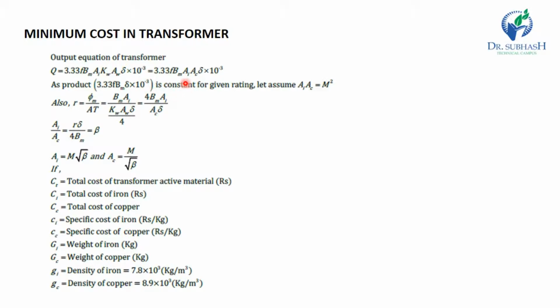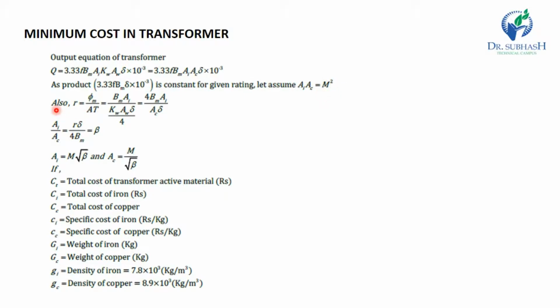From this output equation, we assume that the product Ai into Ac is constant, and we take the value as a constant.